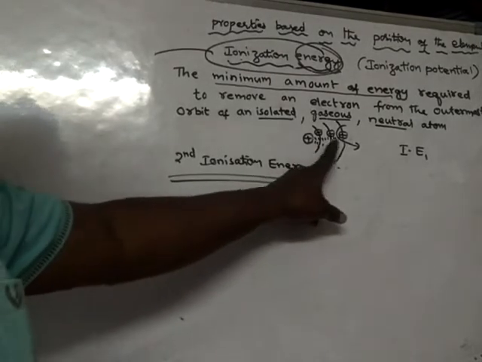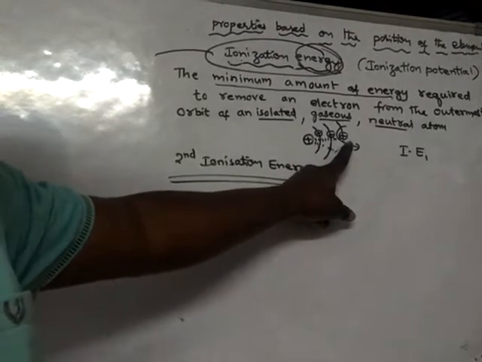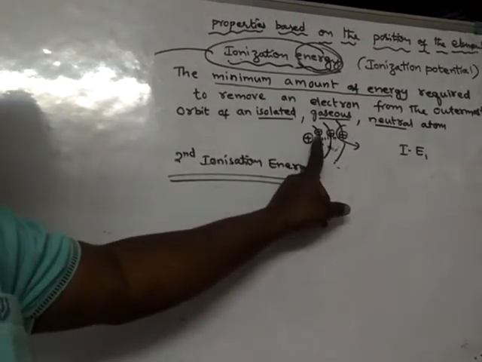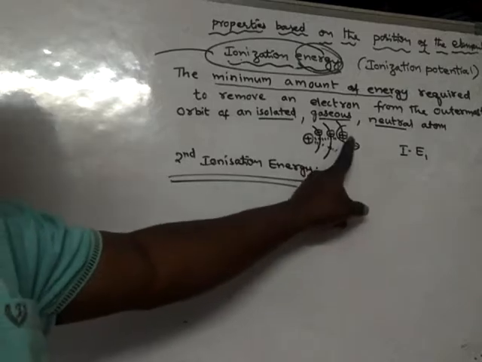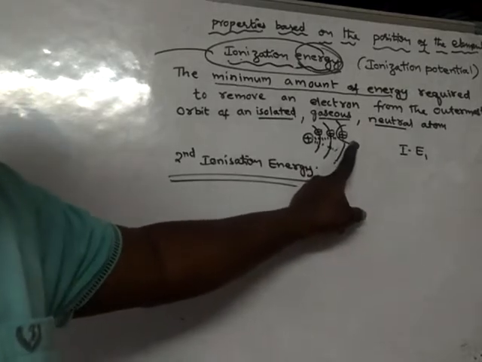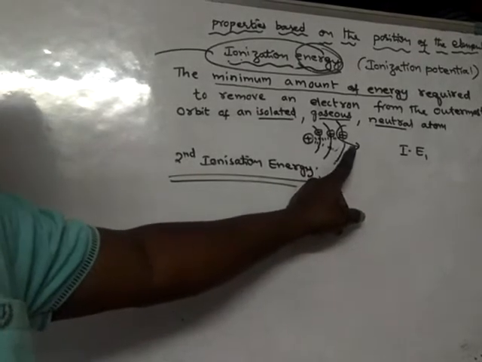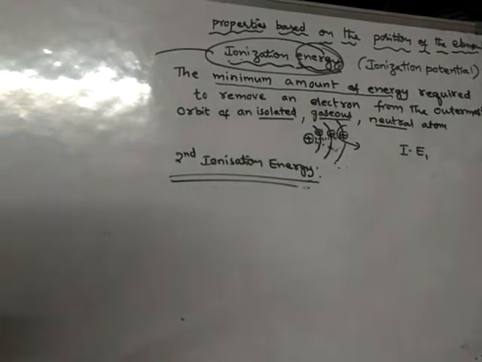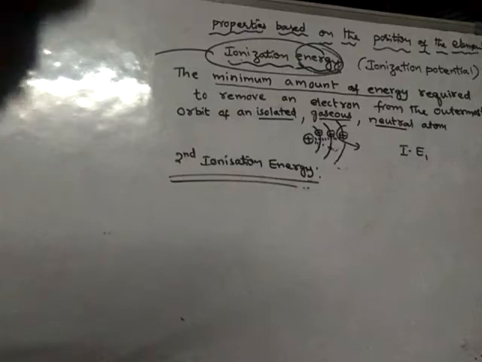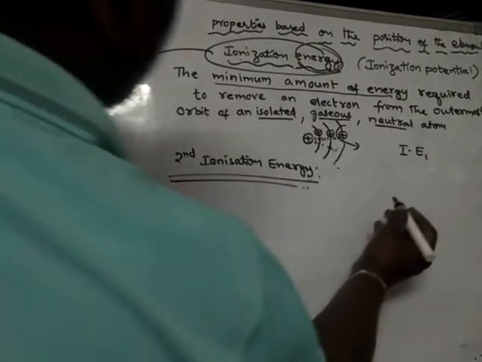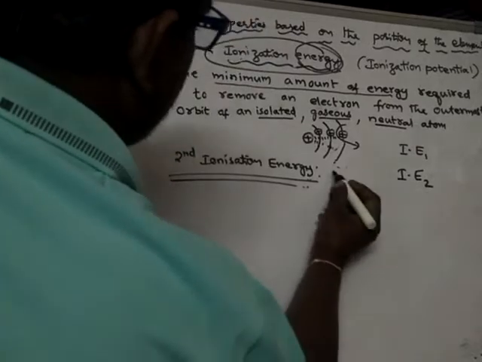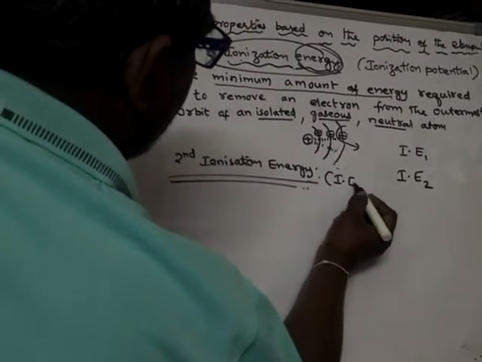Now if I want to remove the second electron, I have to spend more energy because the force of attraction between the nucleus and the second electron is increased. The energy spent now to remove the second electron is said to be second ionization energy, simply IE2.